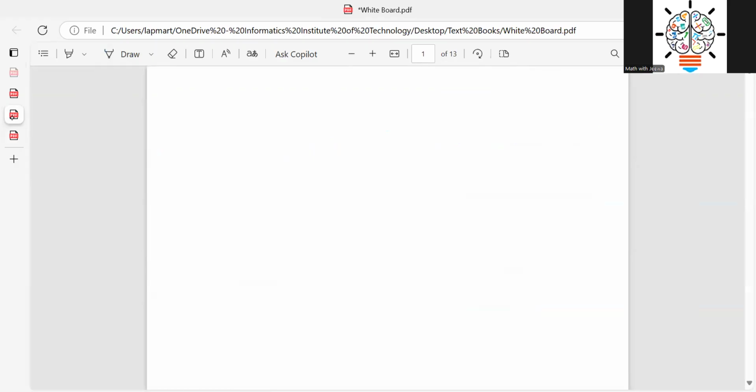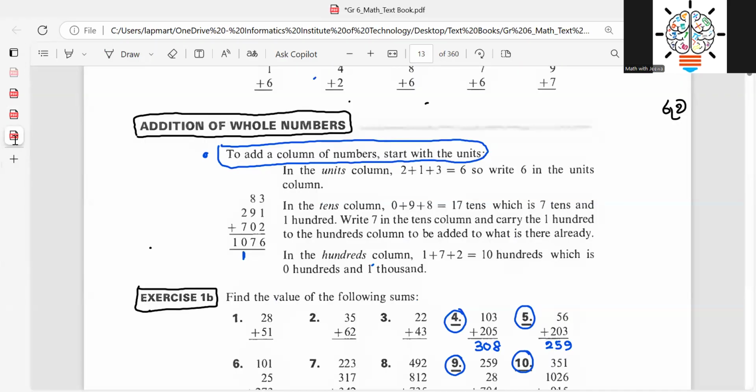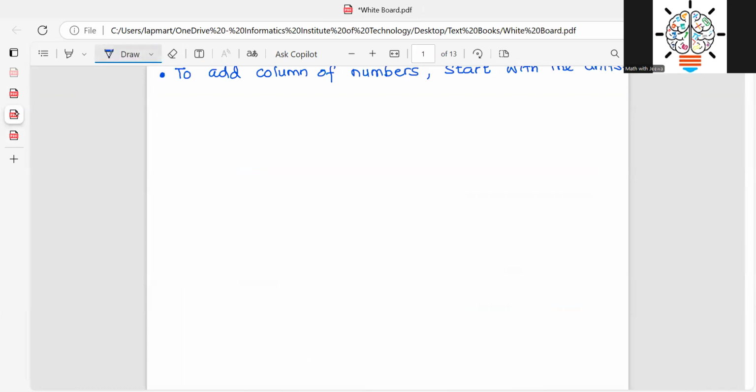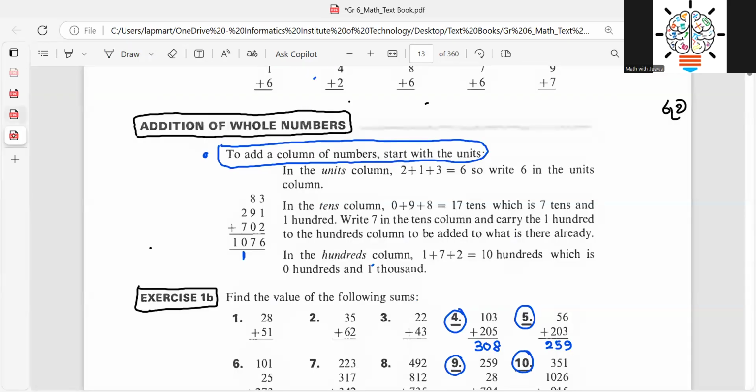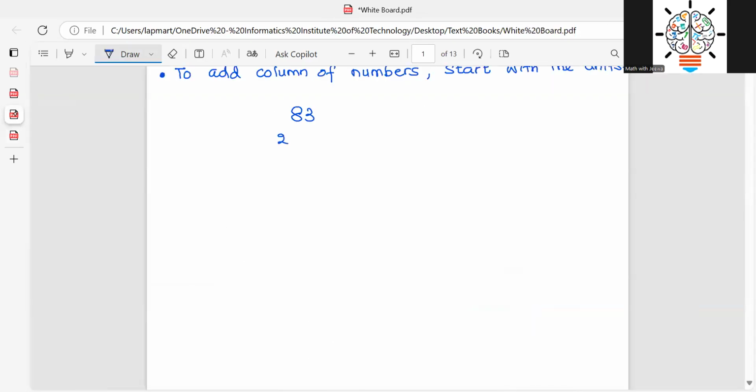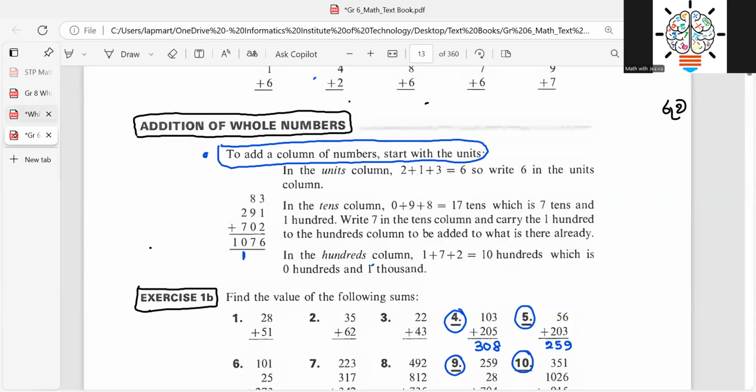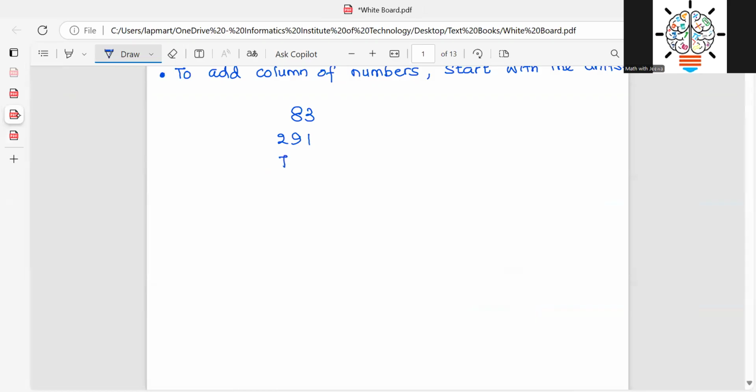Now, if you have something like this, I'll take the same example, 83 to 91. I have the same example, 83, right? Then I have 291, and then 702, right? So you want to add this. Before adding these, you want to understand, right?